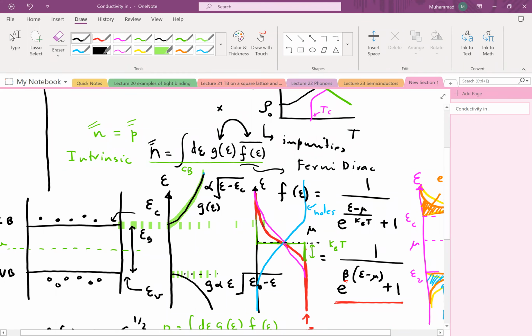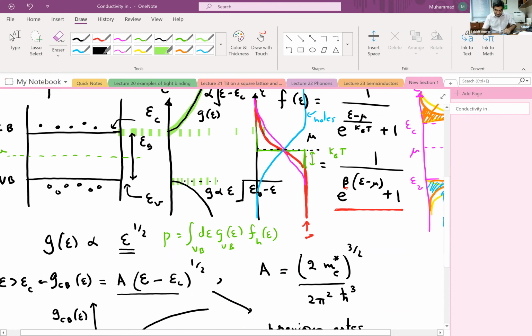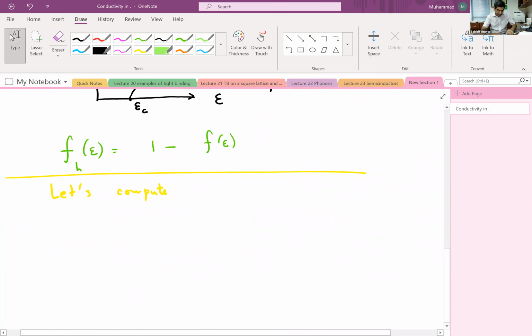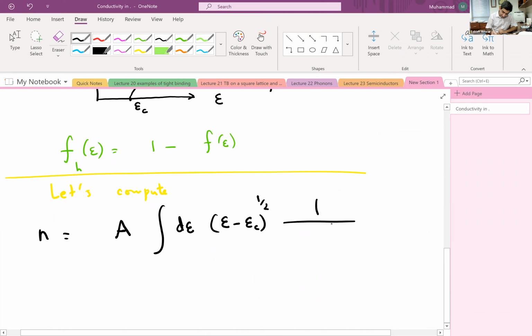So we're going to derive some important results about semiconductors here. If I would like to compute N, so N is A, the constant A, dE, and I need the density of states, which is E minus EC, times FE, which is 1 over exp(E minus mu) plus 1.